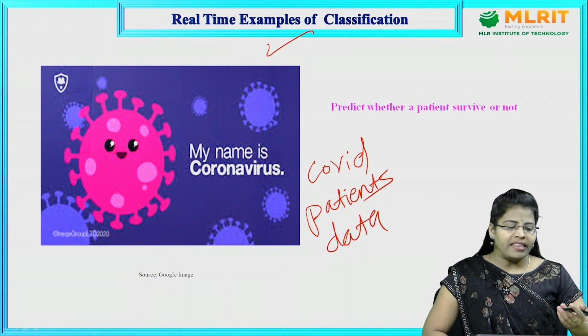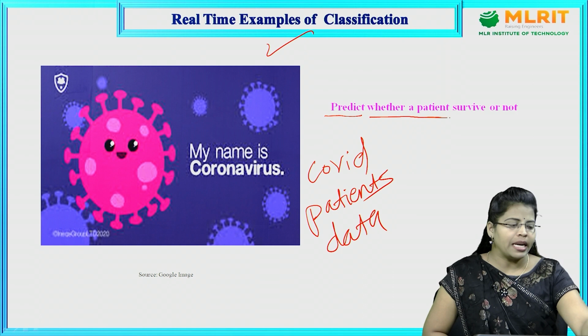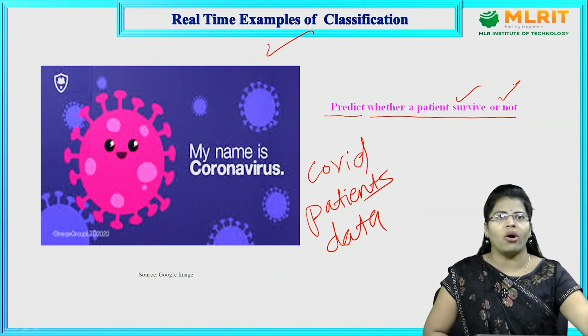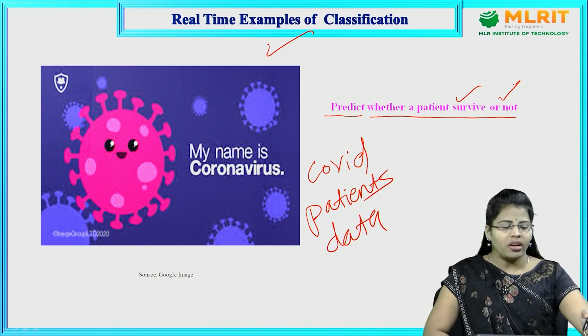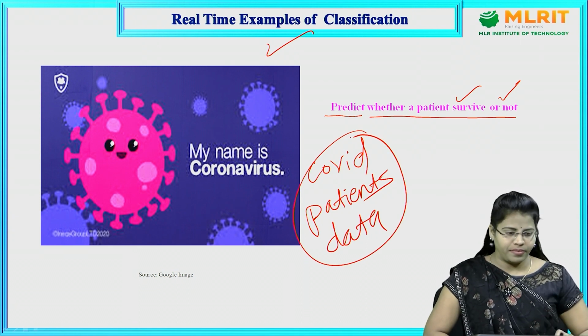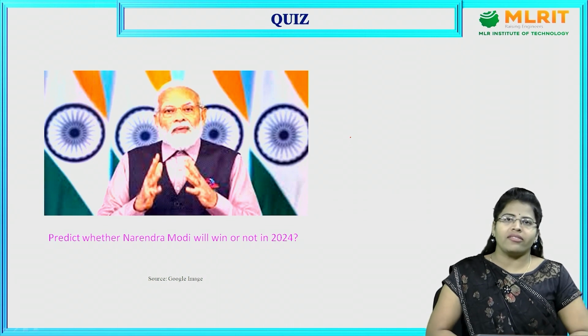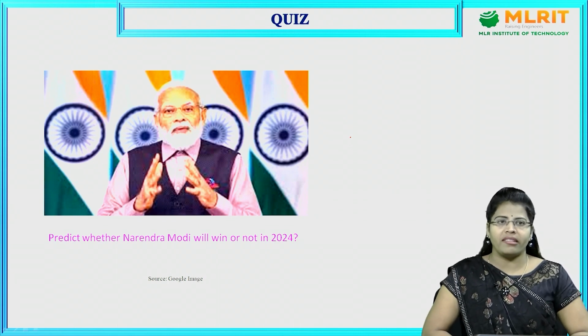Then that model is going to predict whether a patient will survive or not, based on the data given by the hospital. So now I think it is clearly understood what regression and classification are in supervised learning.